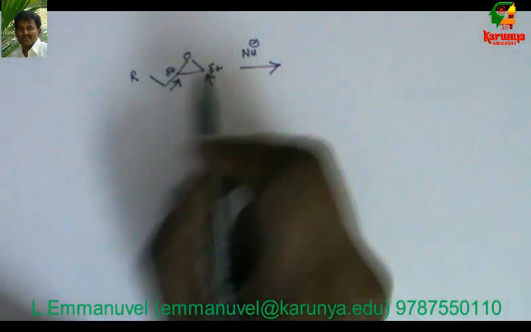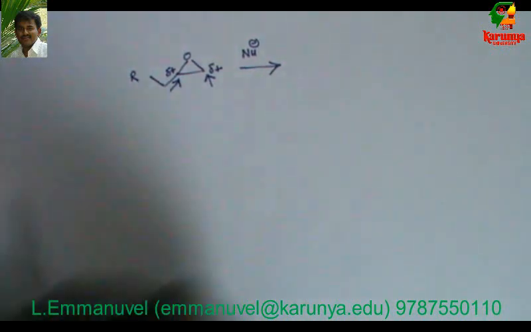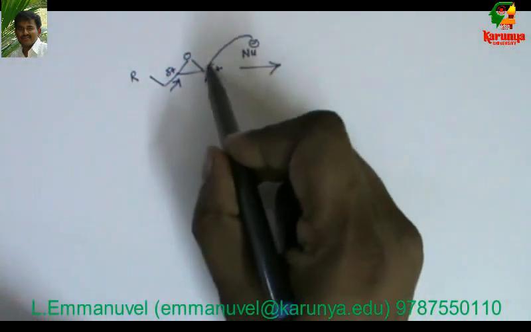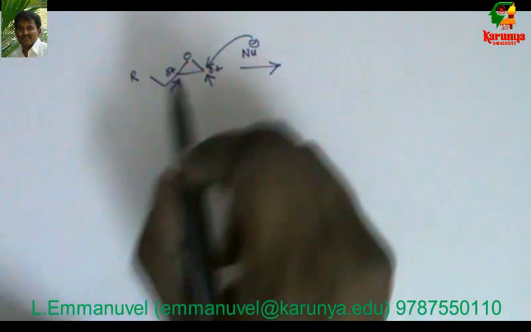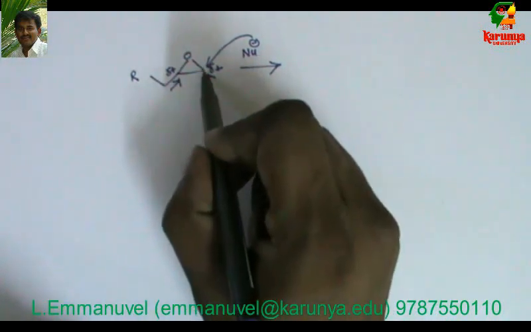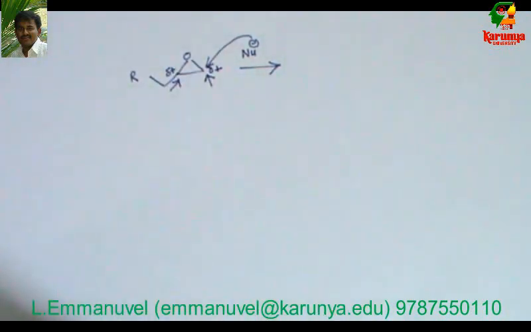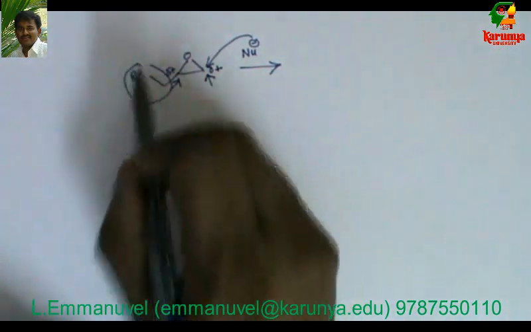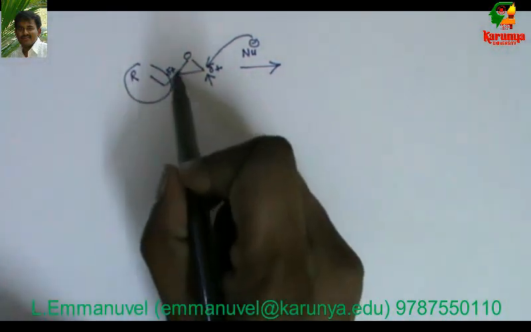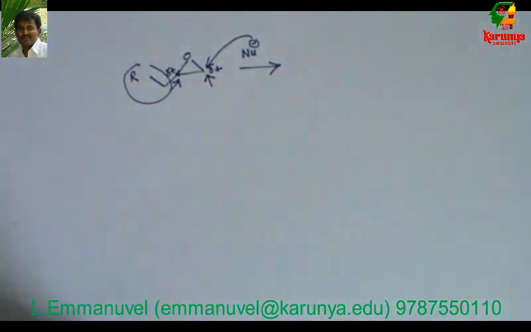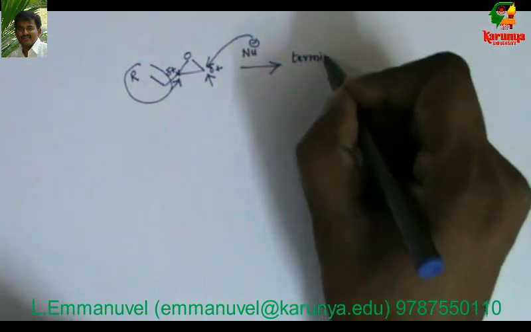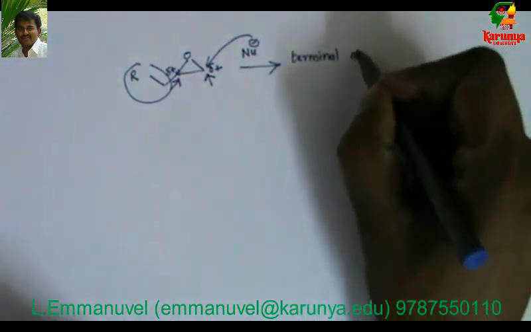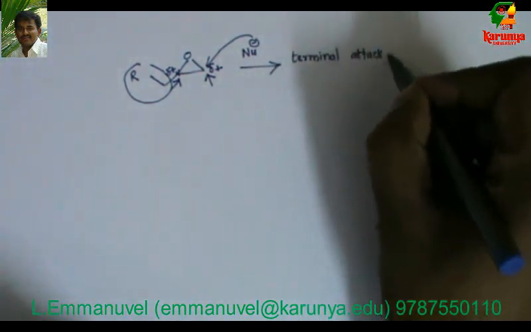If it is an aliphatic epoxide, generally the nucleophile prefers to attack the terminal carbon. The reason is the steric hindrance is very less here compared to this. Because of this group, there will be some steric hindrance at this carbon. So the terminal carbon is attacked by the nucleophile.